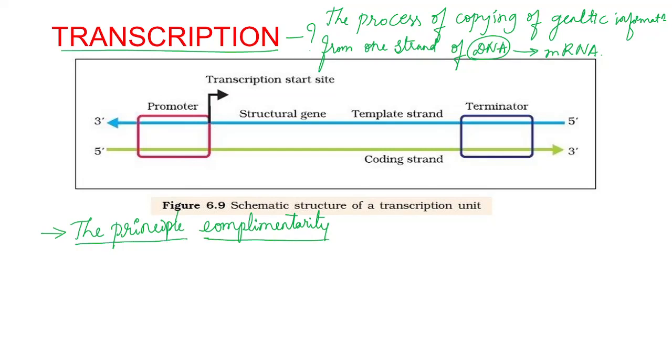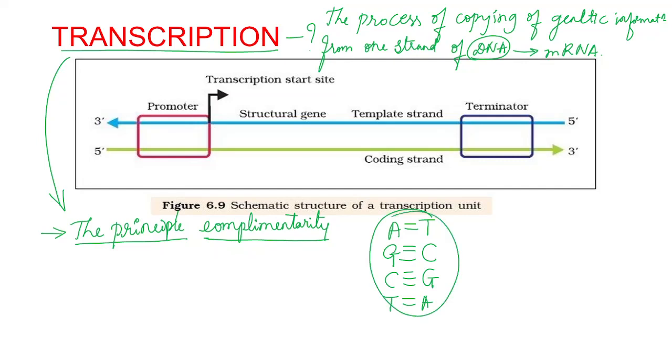Or you can say that the process of transcription is governed by the principle of complementarity that occurs between the nitrogenous bases. What do you mean by complementary? A binds with T, and G binds with C. At the same time, C can bind with G and T can bind with A. These are complementary base pairs.